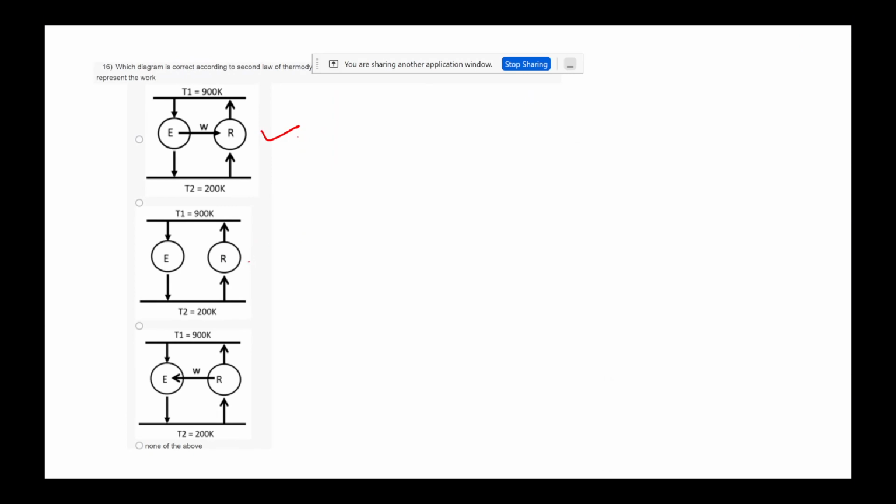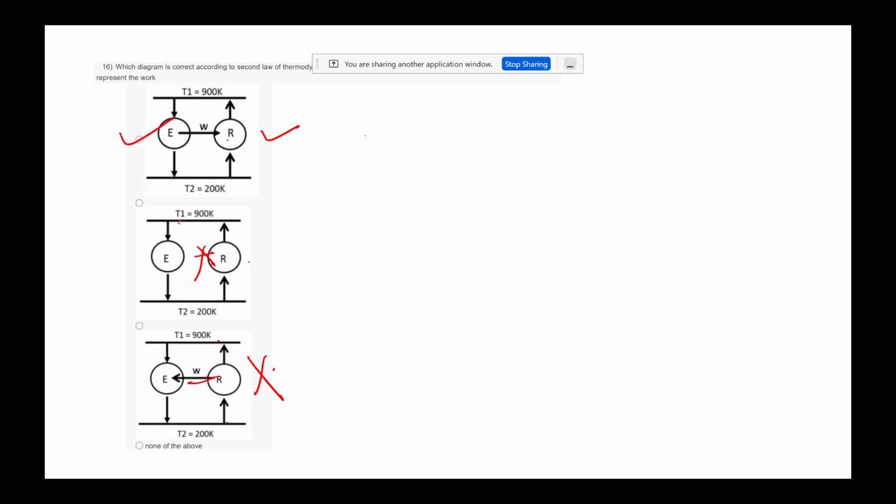This is not correct because you are sending heat from lower to higher temperature without requiring any work. So this is not possible spontaneously. Here, from lower to higher you are getting some work, so this is also not possible. So this is the right option.